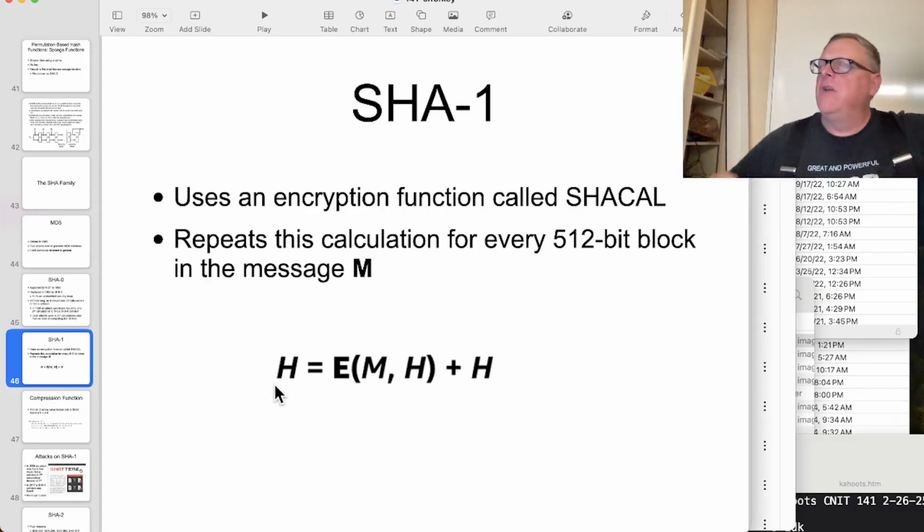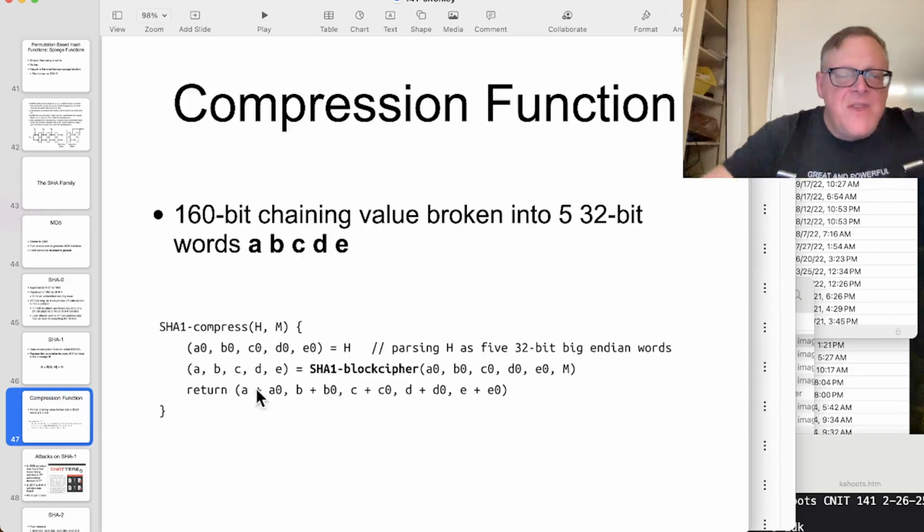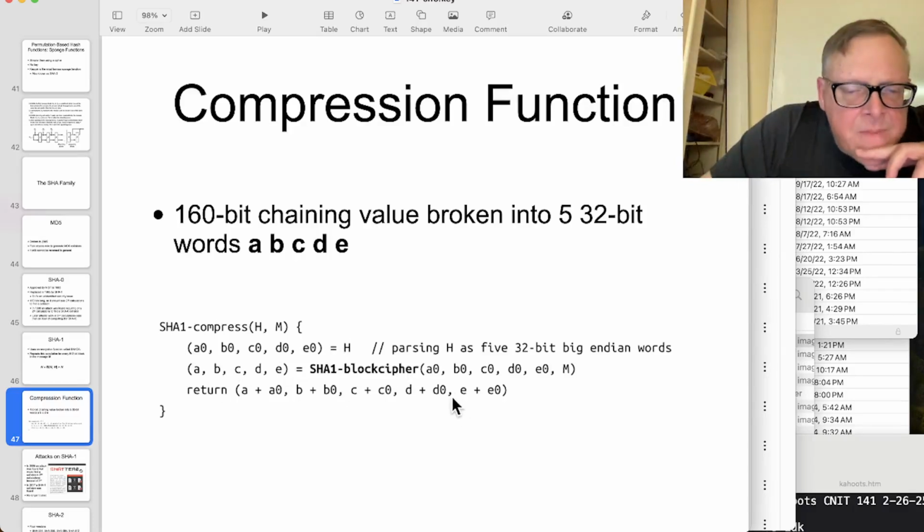So it's sort of like that row method where you keep hashing the previous hash value. And it's got a compression function. What it does is it breaks your 160-bit state into five 32-bit words, and this is the compression function. You run a block cipher on them and combine them.